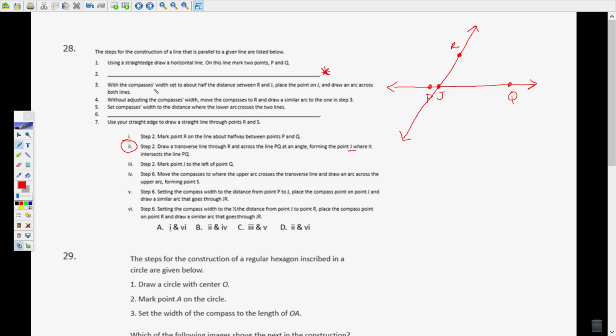The next step says with the compass width set to about half the distance between R and J, draw an arc across both lines. So you're going to take your compass and put the point at J. You're going to swing an arc that crosses your transversal and your original PQ. And then with that same opening, you're going to come up to R and make the same arc.